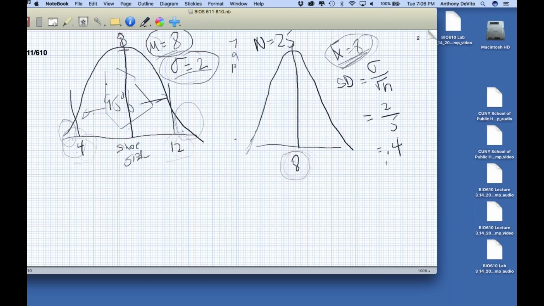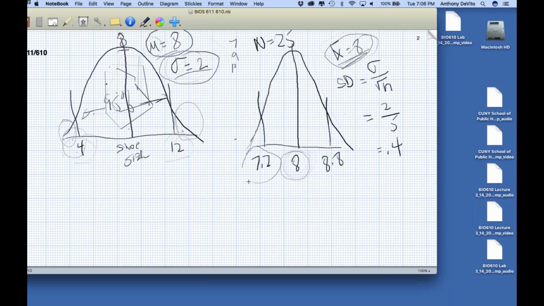Okay, so what does that mean? That means that 95% of the time, when we take a sample from this population, we would expect our sample mean to be between 2 standard deviations below and 2 standard deviations above the mean of the population, 7.2 and 8.8, right?